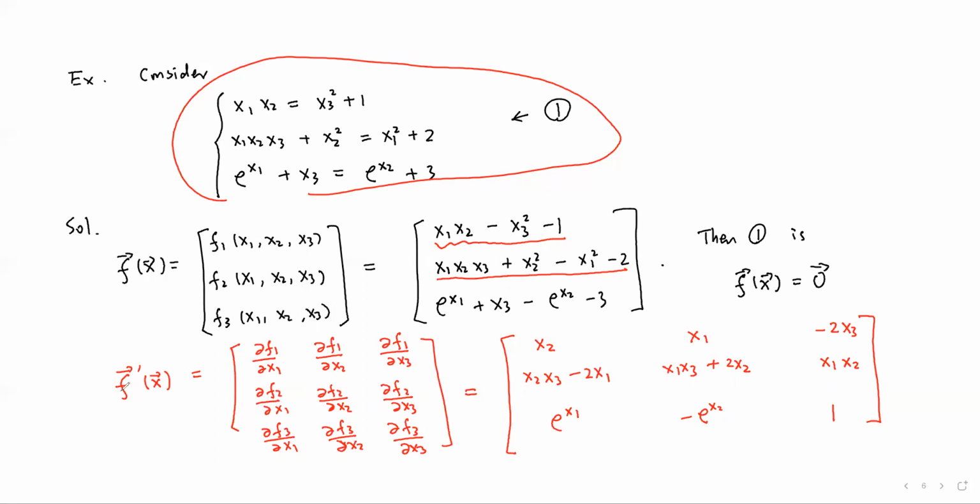In practice, suppose we have a finite set of function values. Those function values are data points, collected from experiments. In practice, usually we don't have a formula like this. Yeah, we have a formula in this example, but we usually don't have a formula for function f.